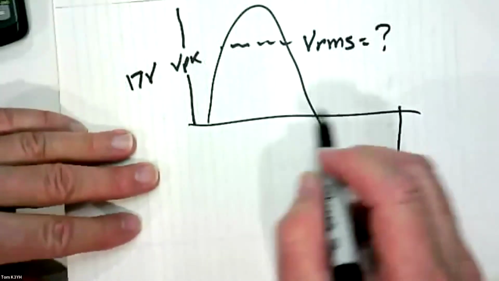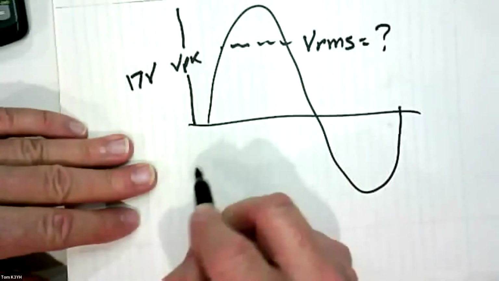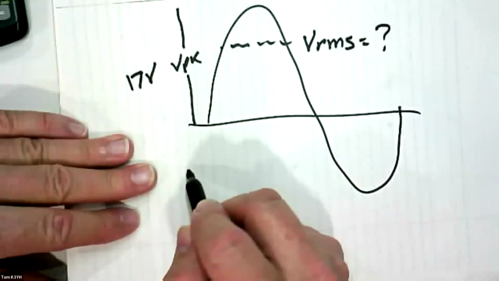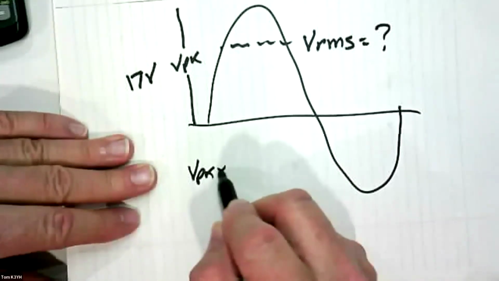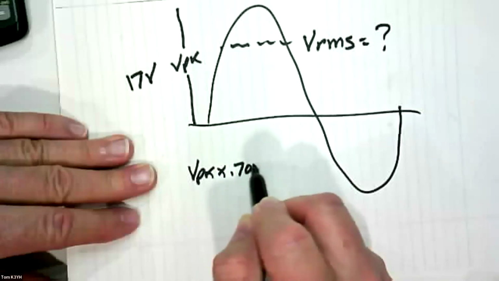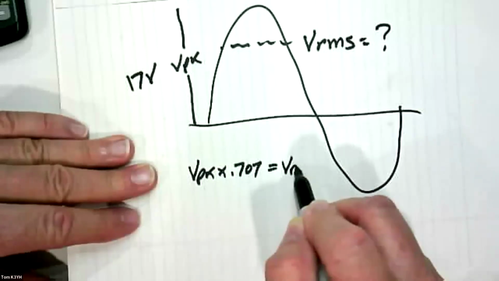Okay, so remember, we said that V peak times 0.707 equals VRMS.